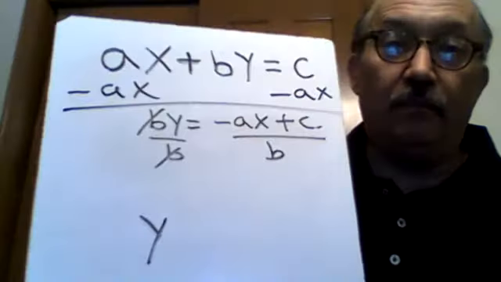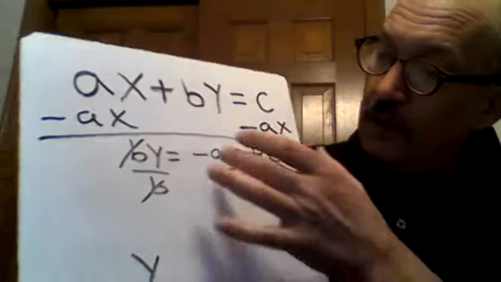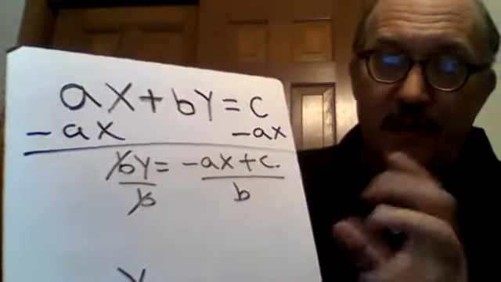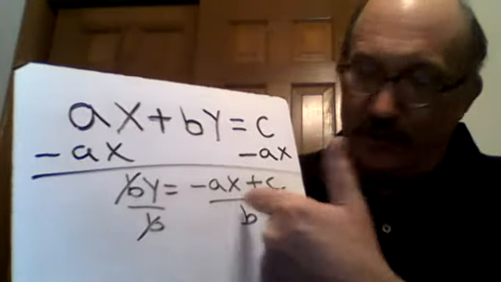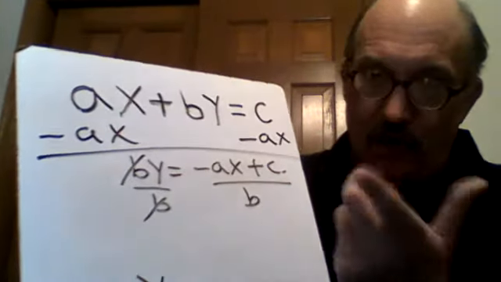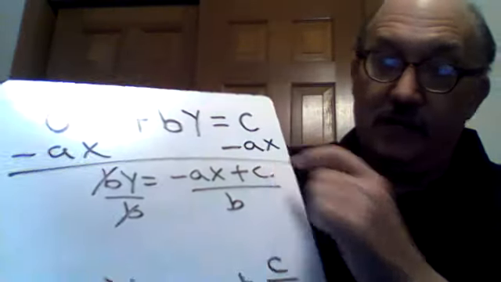The b's cancel, leaving us with the y by itself, which is what we wanted to do. Now break this apart into two fractions that would add to what's here, right? And the denominator of each will be b. And we will have, for that number over here, what do you get when you divide b into c?